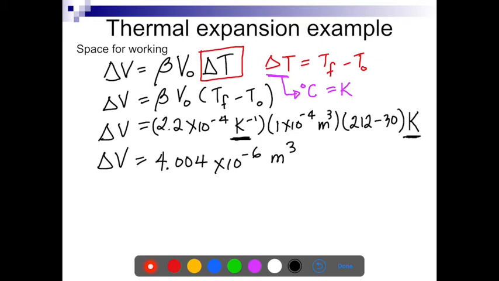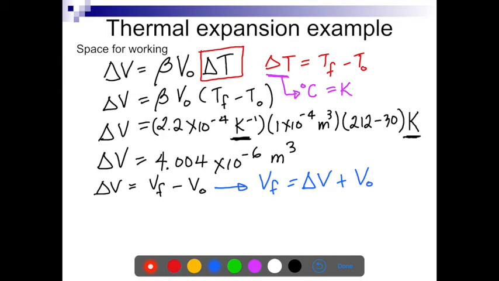Okay, once we know the change in volume, or delta V, we know that delta V is equal to the final volume minus the initial volume. And if we rearrange this equation to make V final the subject, then the final volume will be delta V, the change in volume, plus V0, the initial volume.